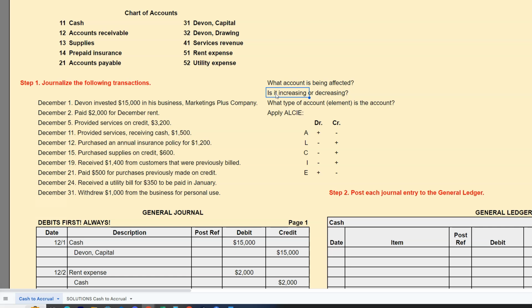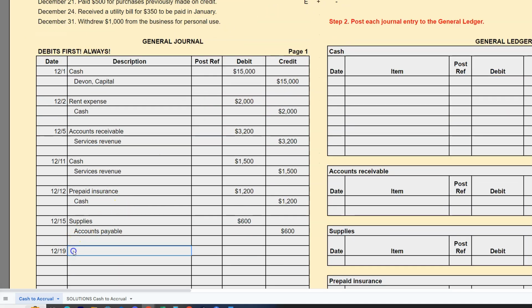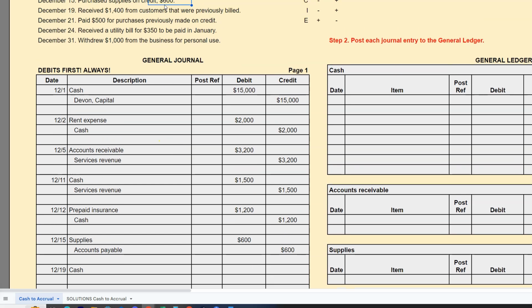It is increasing because we're receiving it. It's an asset. So how do we make an asset increase? We debit. So let's debit cash to show that we are receiving that cash. All right, and that was $1,400.